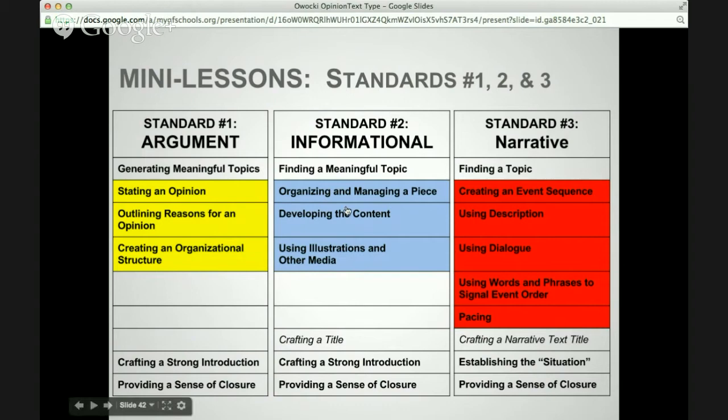Only in informational, developing that content, and again, the charts, the graphs, all of that, that's like only particular to informational. And then sequence, description, dialogue, signal words, and the pacing, that's unique to narrative. This chart, you start getting this in your head, you've got a lot. You've got a lot of background in how and what to teach at the bottom of the ladder in the Common Core writing.